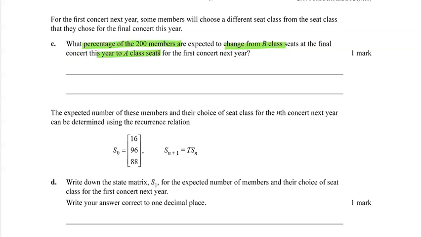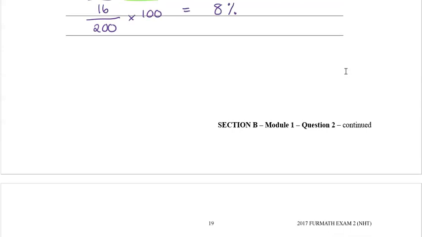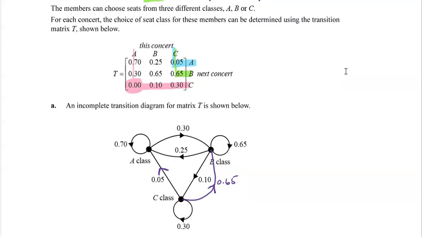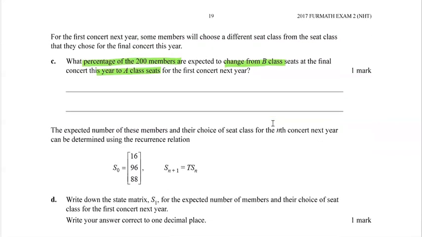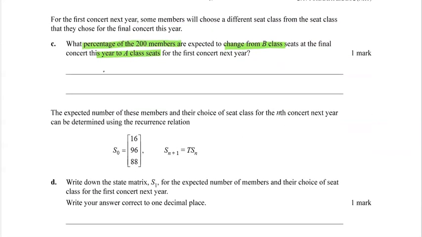We're just referring back to our transition diagram and seeing what is the change from B to A of those 200 members. We can either go back to the diagram or the matrix itself, and we're going from B to A, so 25%. Or we can see again that movement on our diagram. So our answer here for C, 25%.